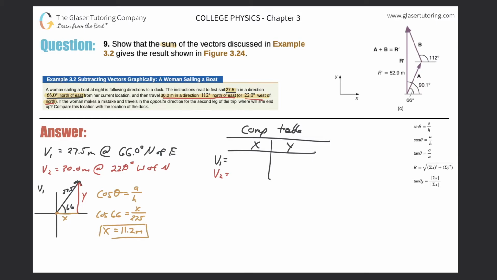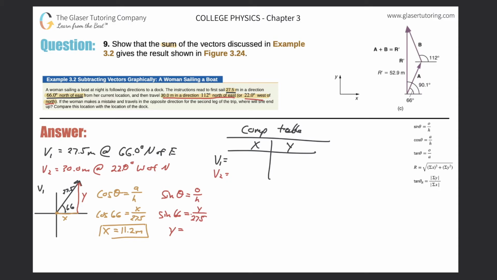Okay, now let's look at the y component. So here you're solving for y. Again, we know the hypotenuse, we know the angle, and we're looking for the side opposite of the angle. Sounds like a sine function to me. So sine of theta is equal to opposite over hypotenuse. Sine of 66 is equal to positive y over 27.5. So now simply plug it into the calculator.